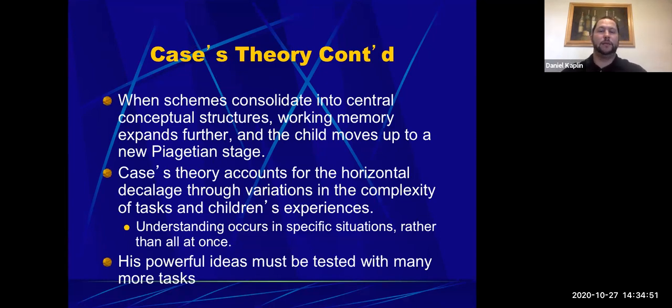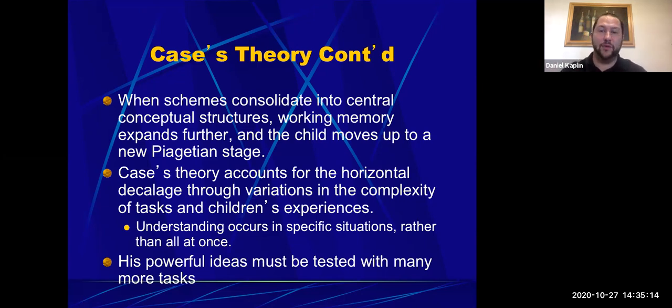All right. So continuing to explain through Robbie Case's theory, as soon as these schemes consolidate into central concepts, working memory becomes even more expansive, and the child becomes more freed up to think about things in a more flexible way.